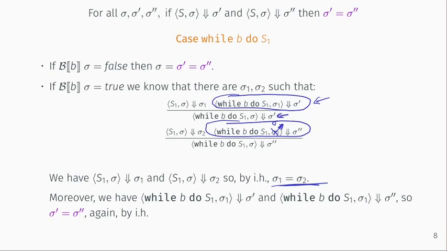So we assume that the property holds for those judgments, and we get what we wanted, that sigma prime equals sigma second, which is what we wanted to prove.